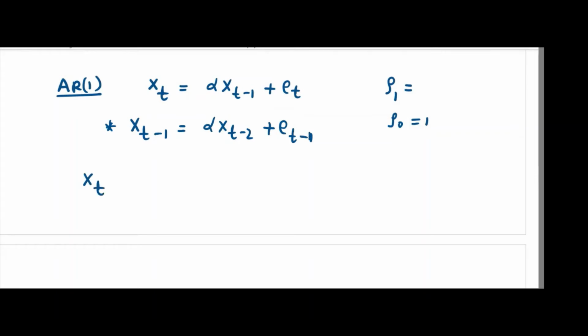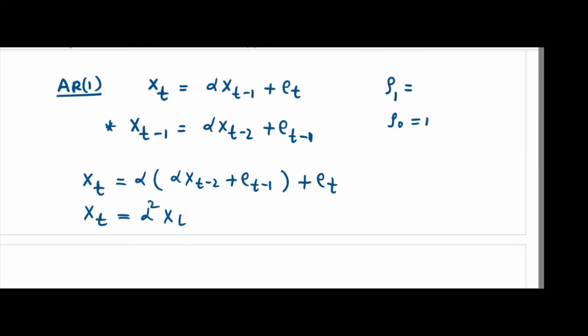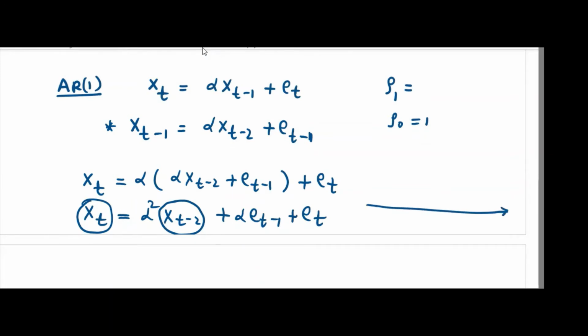Then if you see, now alpha square xt minus 2, alpha et minus 1 plus et. Now see, there is a link between xt minus 2 as well. It's not that you are considering AR1 process, so it will have dependence only up to one level, nothing like that. Okay.